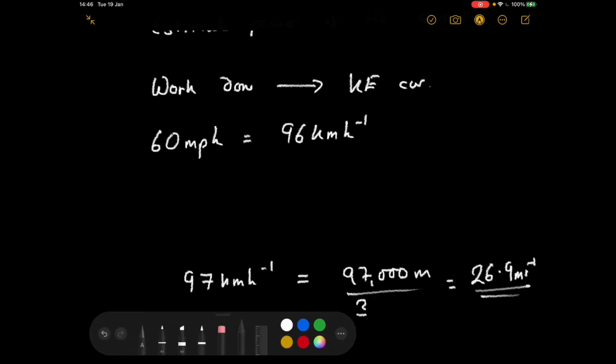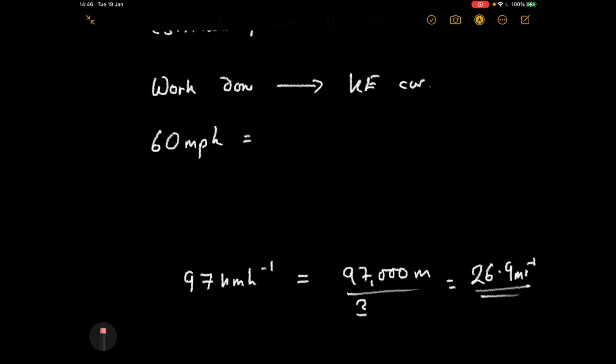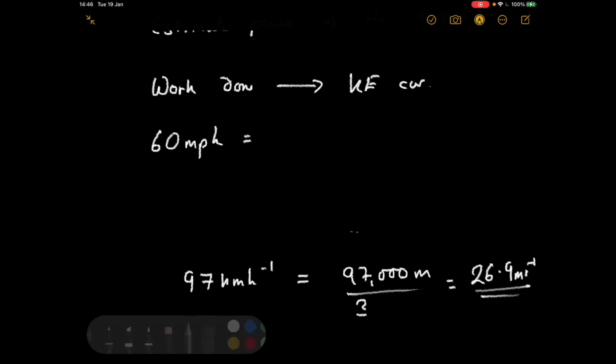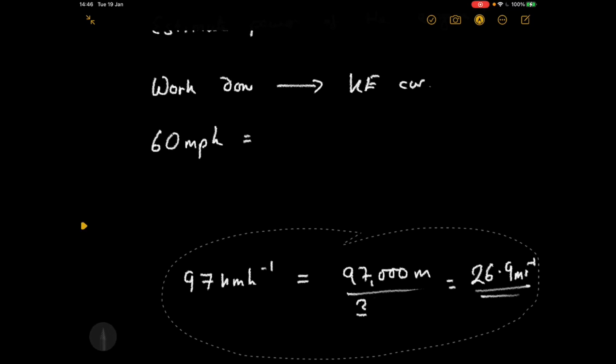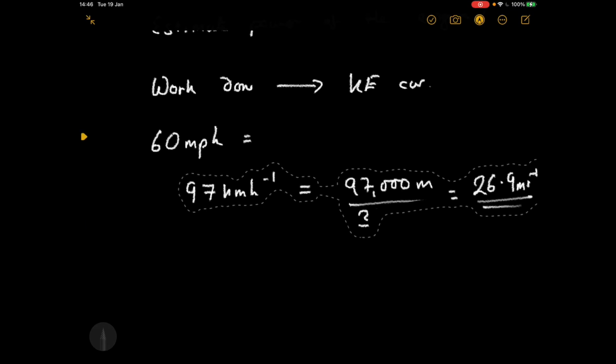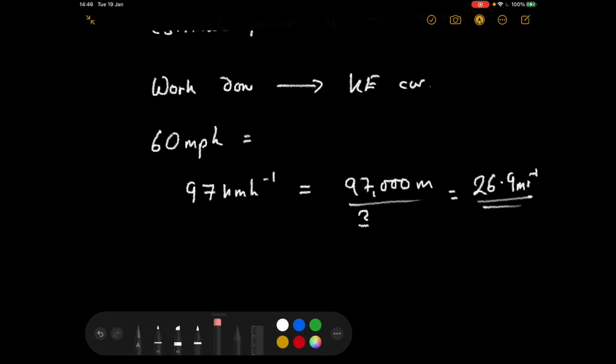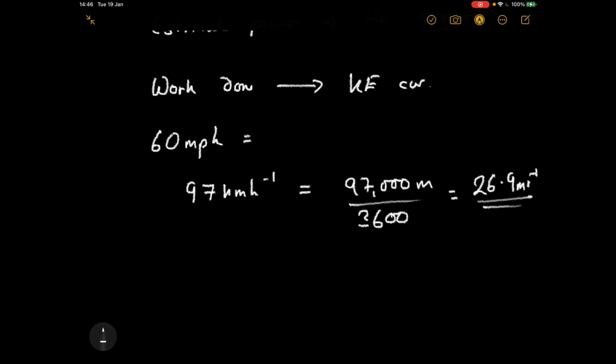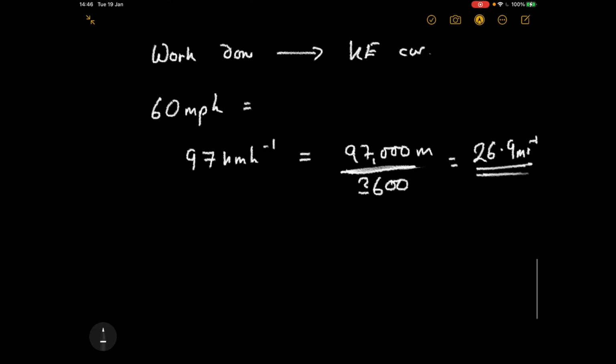We can then do a conversion. To turn 97 kilometers per hour into meters per second, we have to do 97,000 divided by the number of seconds in an hour, 3,600. And we get 26.9 meters per second.